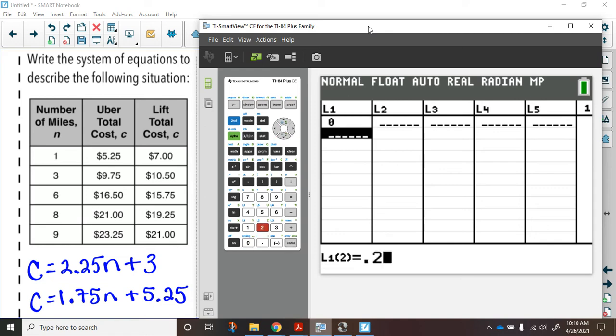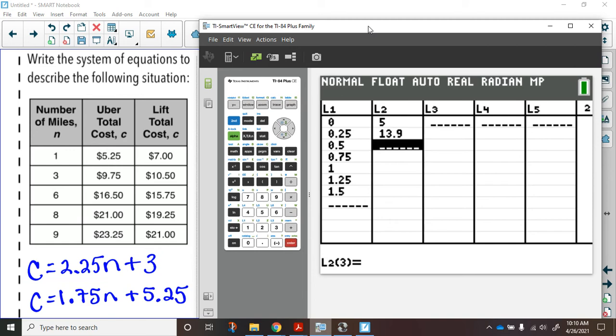So I have 0.5, double check these numbers to make sure that they match up.